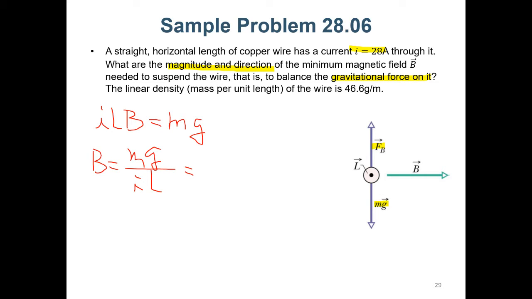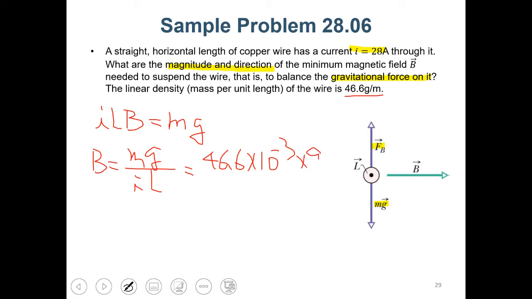So this is the density. m over L is actually 46.6 gram per meter. We need to change it to kilogram per meter as the SI unit, so it is 46.6 times 10 to the minus third power, and then g is 9.8, I is 28.